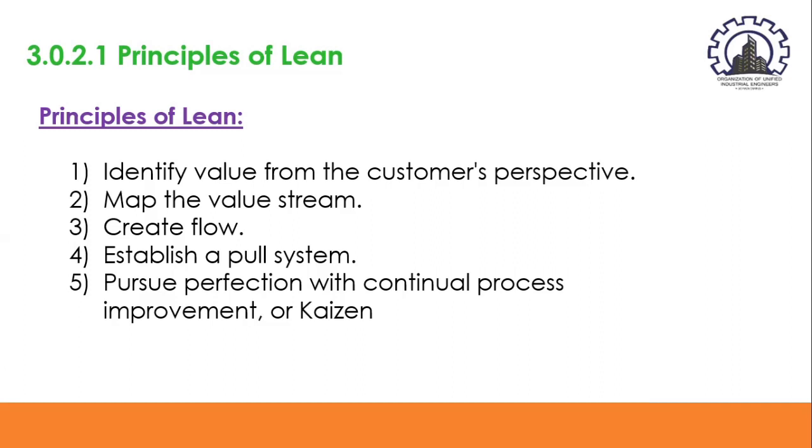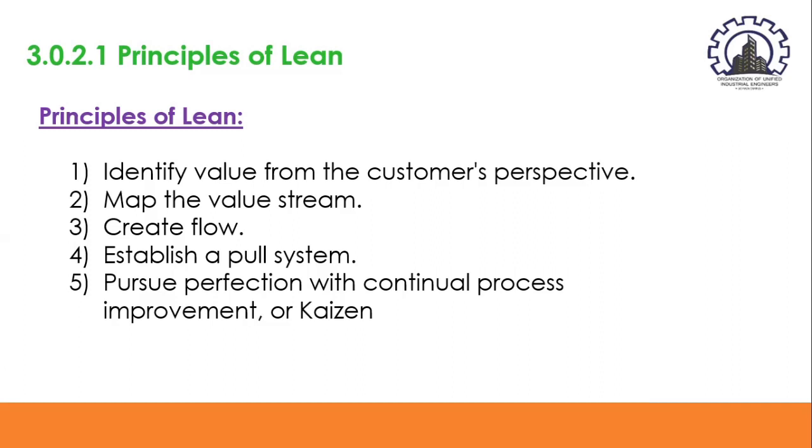Now, the first principle of lean is what we call identifying the value from the customer's perspective. What do we mean by this? What I mean is that value is created by the producer, correct?